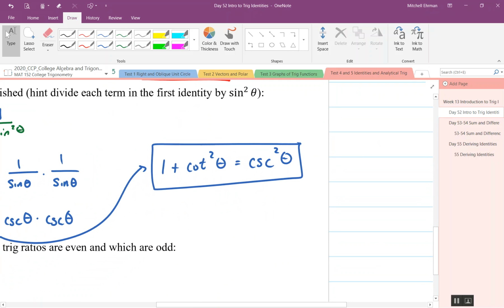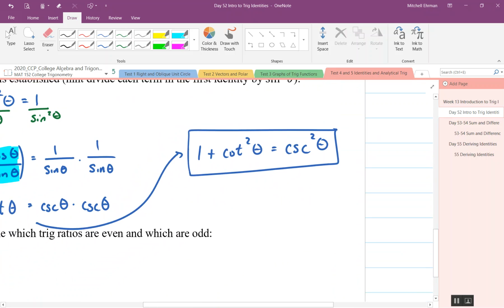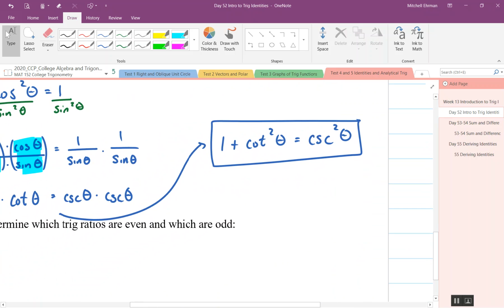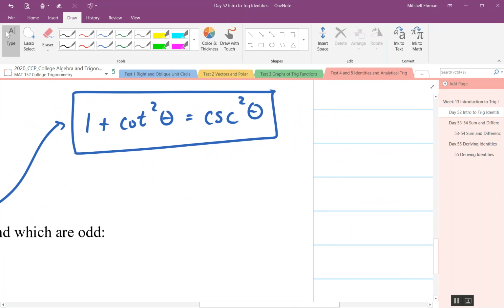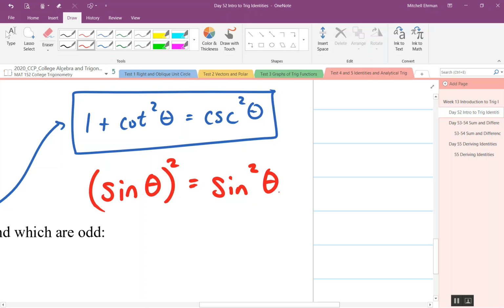It's worth noting again, I've mentioned this in the past, but in case you forgot or didn't pick up on it the first time, when we write a trig function, let's say the sine function, if that function itself needs to be multiplied by itself, if we're squaring that function, the accepted notation is to write this without parentheses and instead include the squared symbol in between the trig function and the variable.